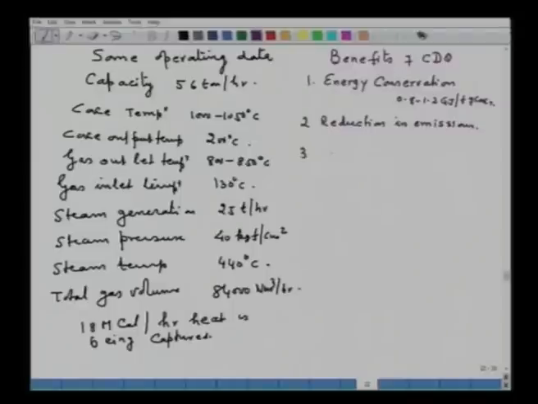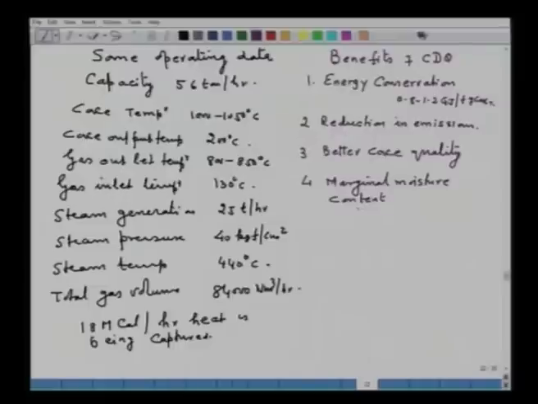Third advantage, better coke quality. Fourth advantage, marginal moisture content, because you are doing dry quenching, so very little moisture is present, and less moisture saves coke while charging in the blast furnace. Fifth is water conservation.